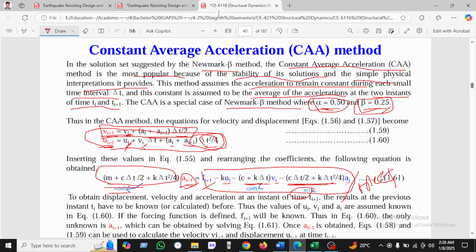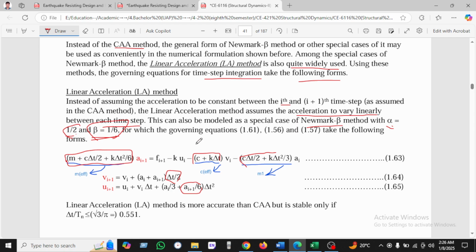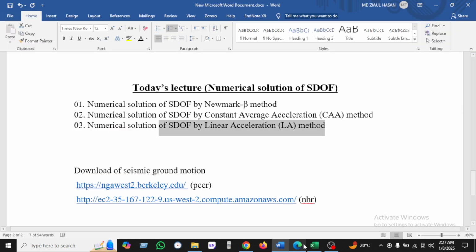All things remain the same, just some values have changed, the formula has changed, which is delta t divided by 6 and delta t square divided by 6, and all the rest will be the same.